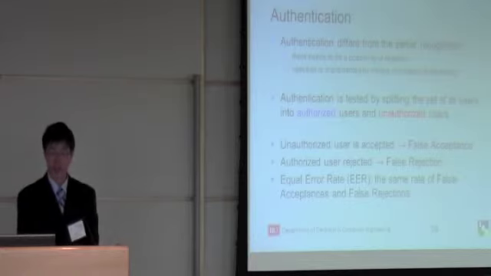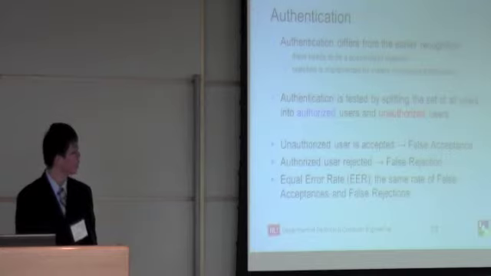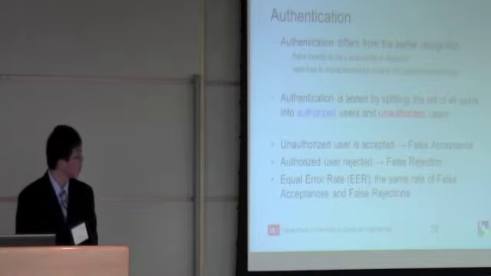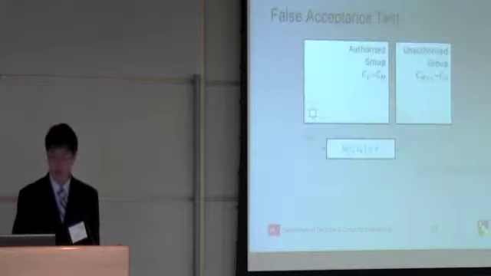If an unauthorized user is accepted, we call it a false acceptance, and if an authorized user is rejected, we call it a false rejection. We also have a terminology, equal error rate, when the rates of false acceptance and false rejection are the same.